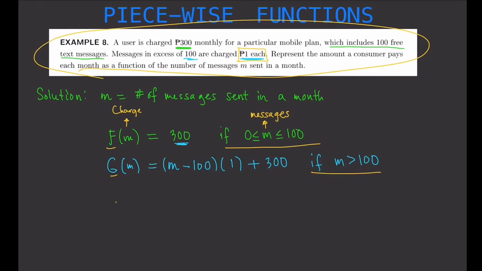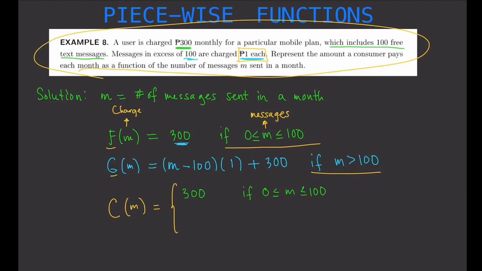So function c is a function of the number of messages, and it is equal to, now this is how we write piecewise functions. You usually put curly brackets before your expressions, and then you write the first function. That will be 300, if m is greater than or equal to 0, but less than or equal to 100.